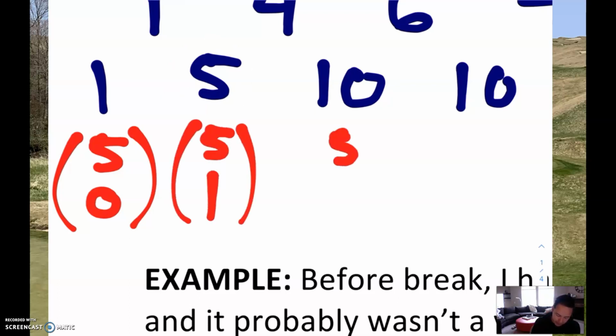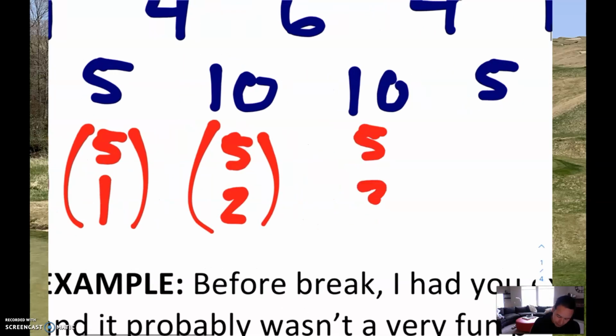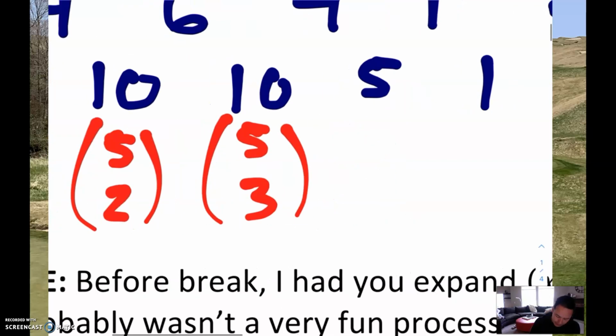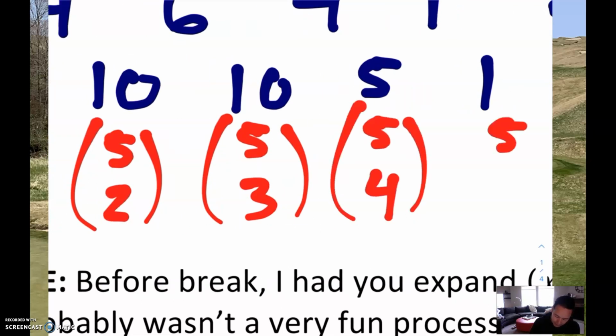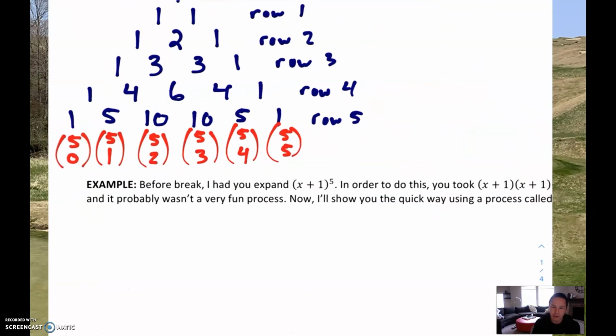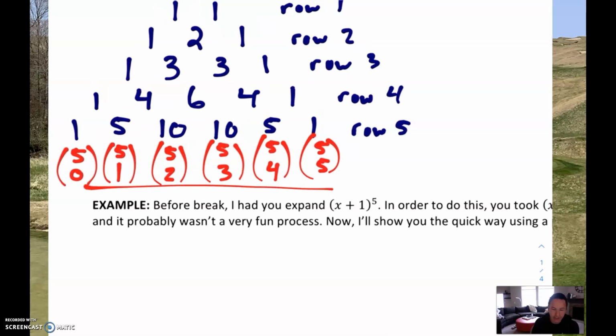This next one would be 5 choose 2. This next one would be 5 choose 3. This next one is 5 choose 4. And the last one would be 5 choose 5. So if we get to problems where you don't want to have to memorize Pascal's triangle and look at all the rows, you can just type these into a calculator to get a specific number that you're looking for. So just a reminder about that.